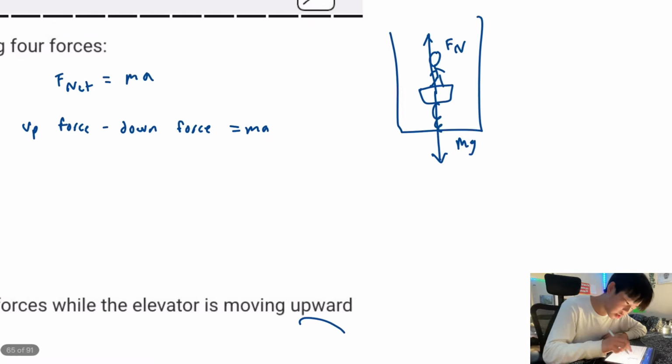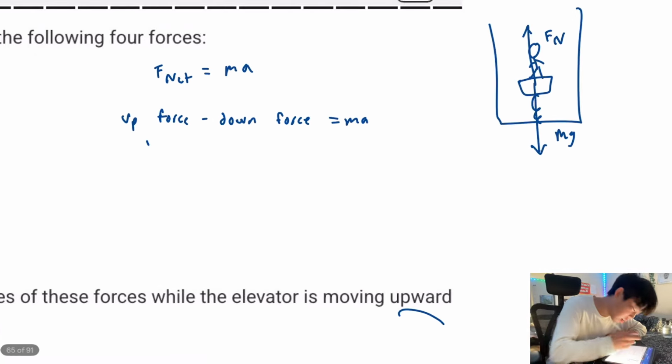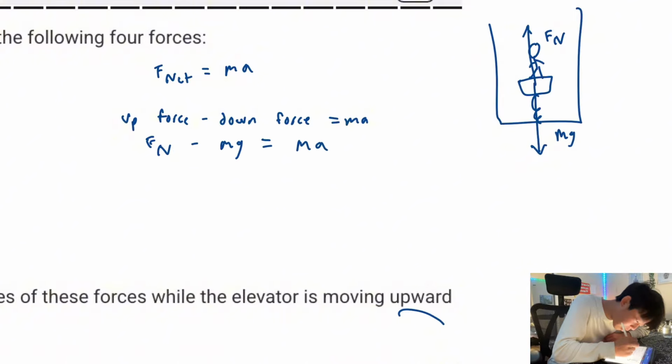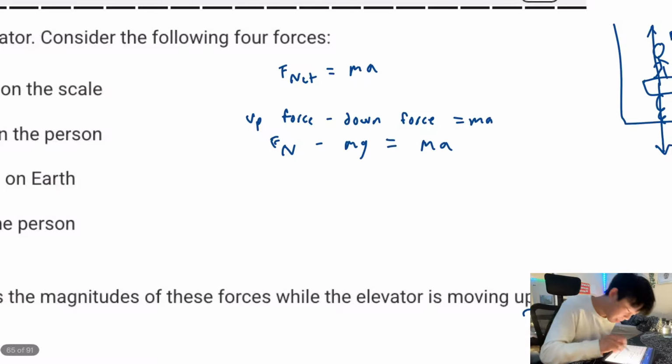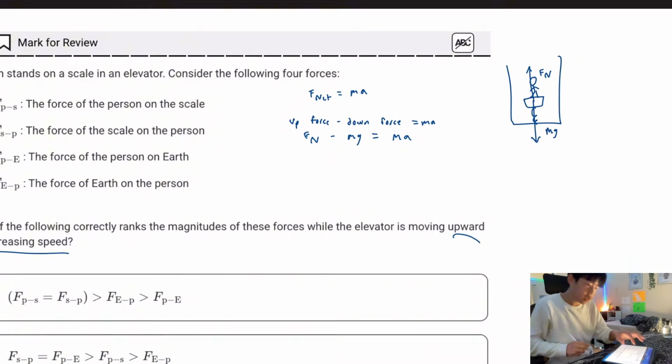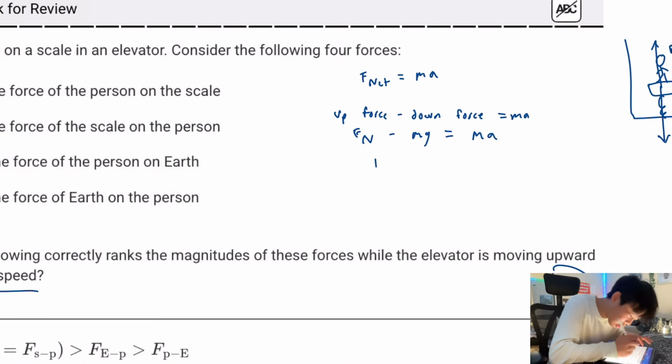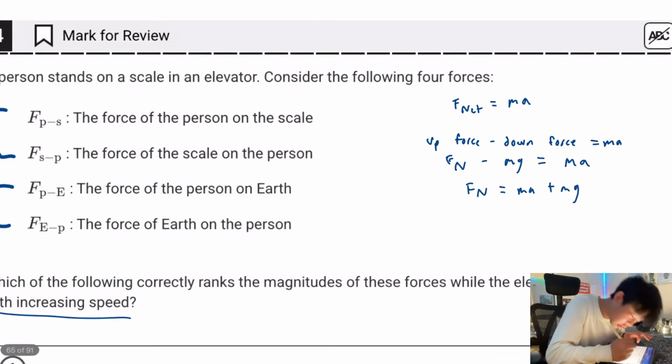Okay, so what's the up force? Oh, good job, me. I put Fn minus mg is equal to ma. So this means that when it's accelerating upwards, the normal force is equal to ma plus mg.